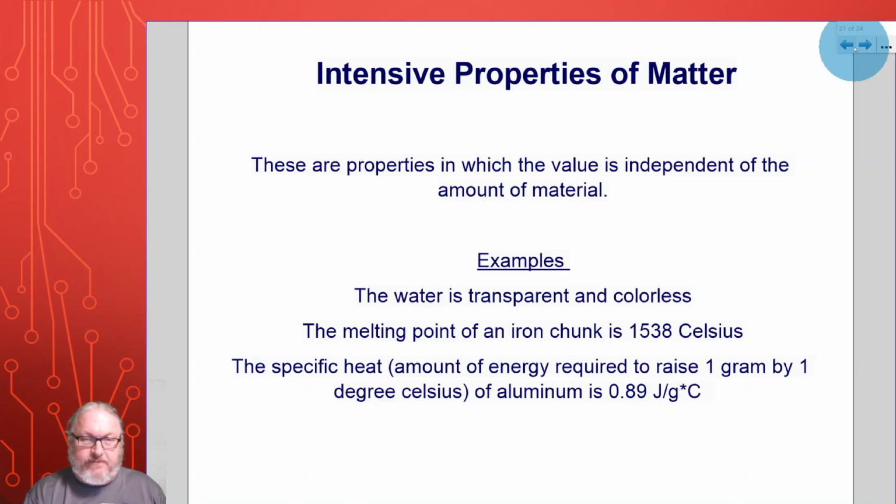Now, the specific heat of aluminum is always going to be 0.89. It does not matter if I have 100 grams of aluminum or 10 grams of aluminum. The specific heat is still going to be 0.89 joules per gram Celsius.